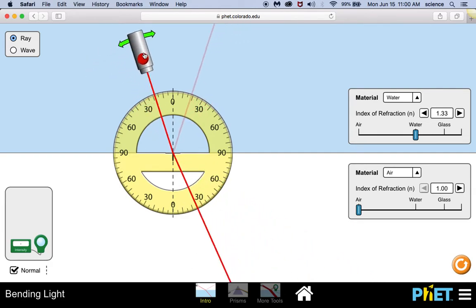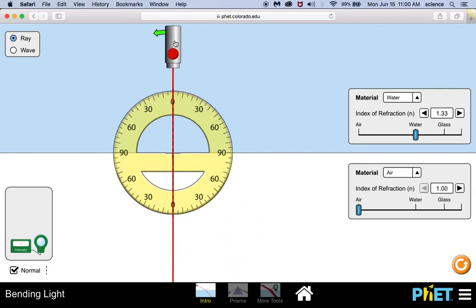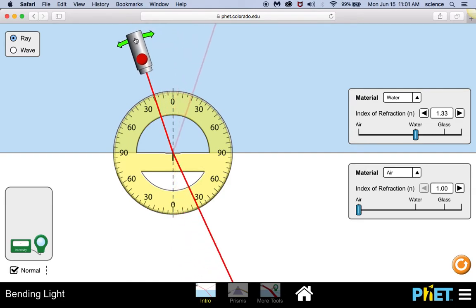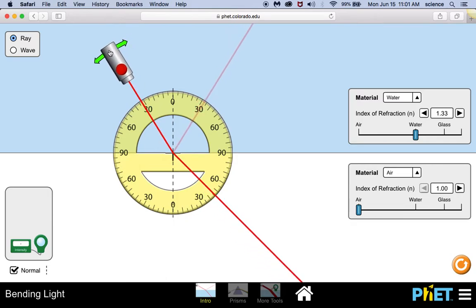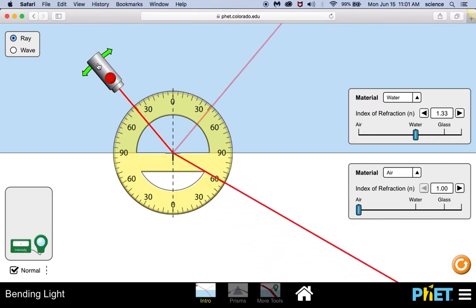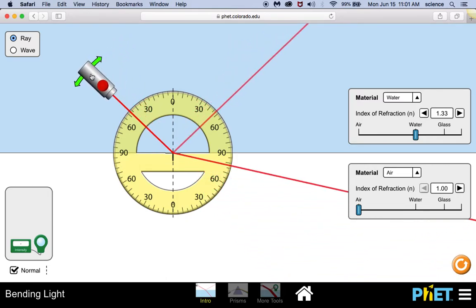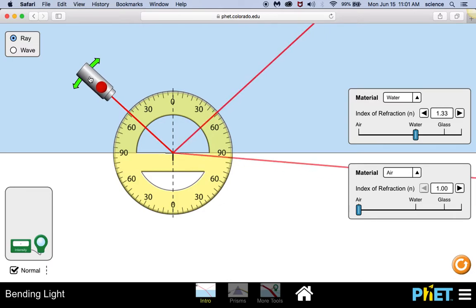As I start off with my angle at 0, the light travels straight through, and as I increase my angle of incidence, the light bends more and more. Eventually it reaches a point, I have to go slow, where the light no longer enters the air.